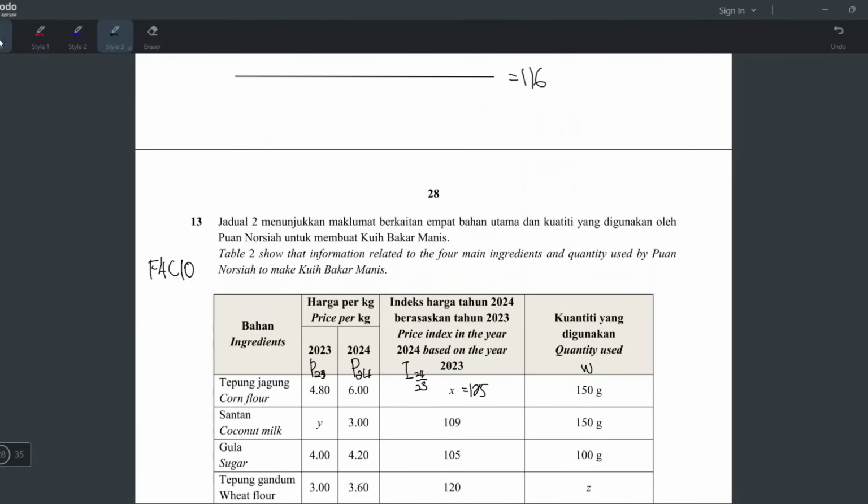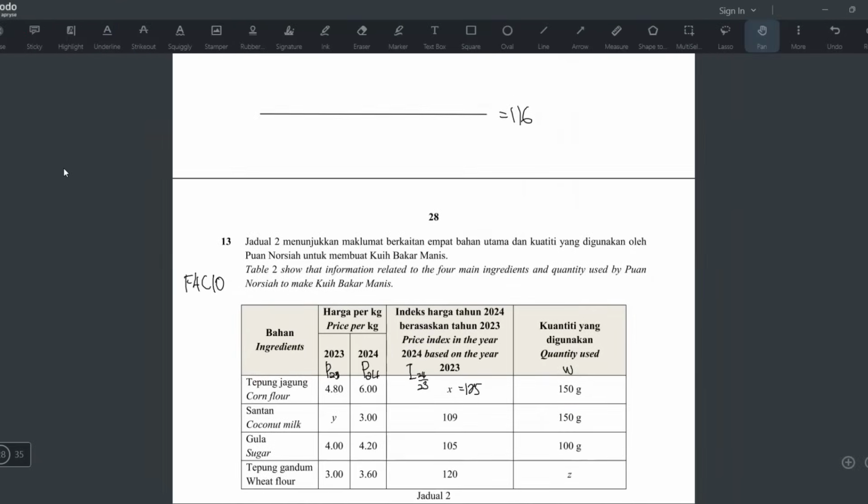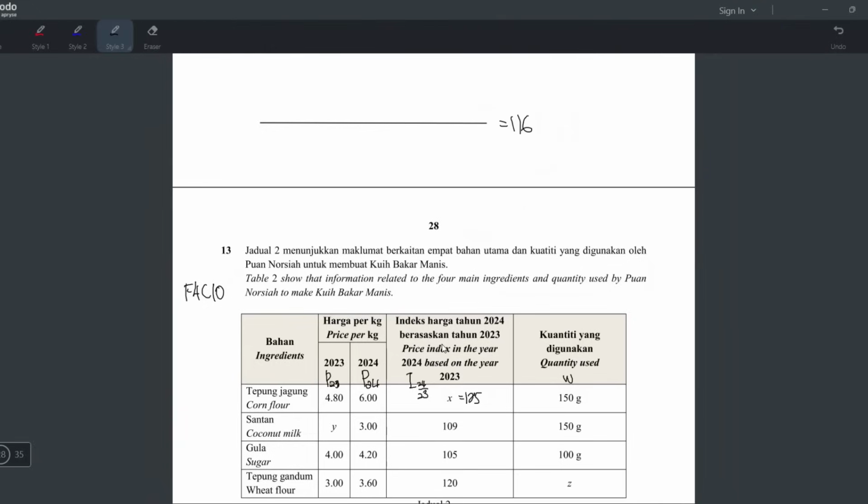And then I'll just do the composite index formula. The composite index formula is you take the price index times the weightage, and then add them up, and then divide by the total weightage.